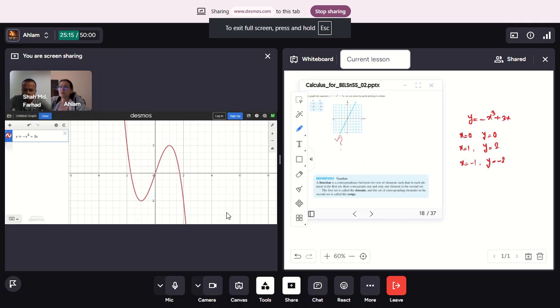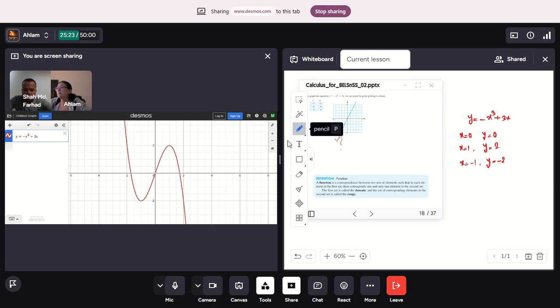And when can we say it's not a function, when we are using just the graph? Basically the condition to check whether a graph is a function or not is called the vertical line test.